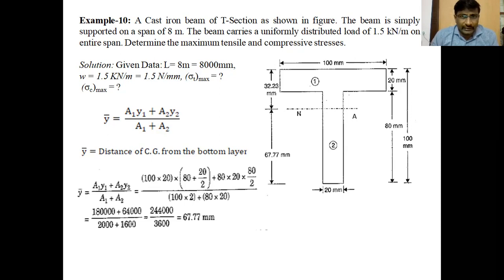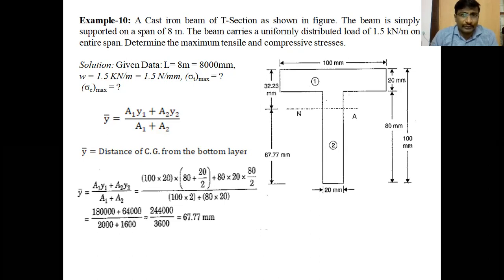If it is a cantilever beam, the upper part of the beam is tensile and the bottom part is compressive. And in a simply supported beam, while bending, the upper part of the beam is induced with compressive stresses and the bottom part is induced with tensile stresses.